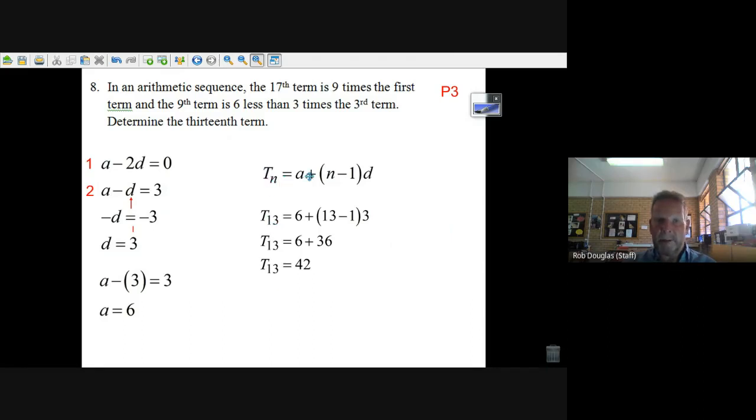So Tn is a plus n minus 1 times d. T13 is 6, because a is 6, plus 13 minus 1 times 3. Well, 13 minus 1 is 12, times 3 is 36. 36 plus 6 is 42. So the 13th term is 42.